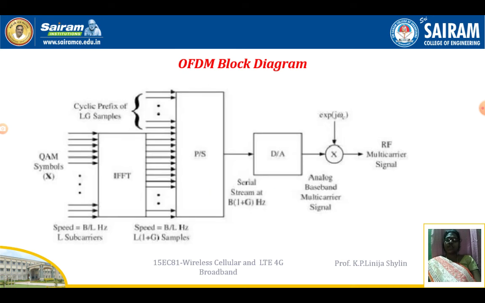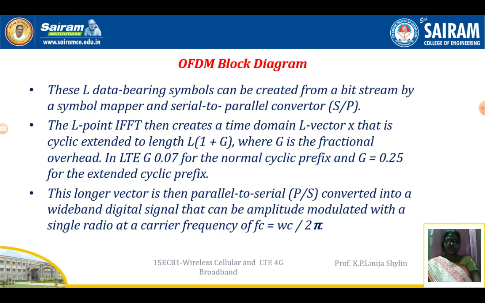Okay, in the diagram you can see the time domain signal is created and the cyclic prefix of LG samples is also added, and here we are introducing the factor G. The formula itself: speed is equal to B by L hertz, and L into 1 plus G samples are created by the inverse fast Fourier transform, and the cyclic prefix value is G equal to 0.07 for normal cyclic prefix and 0.25 for extended cyclic prefix.